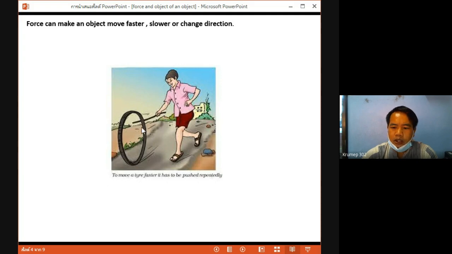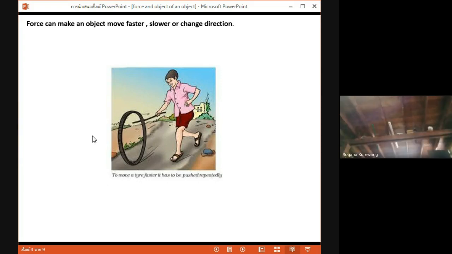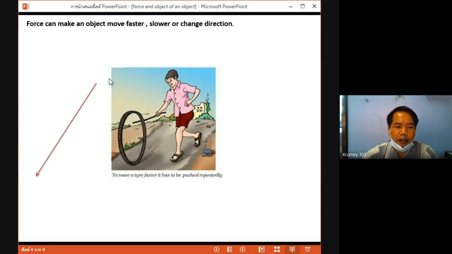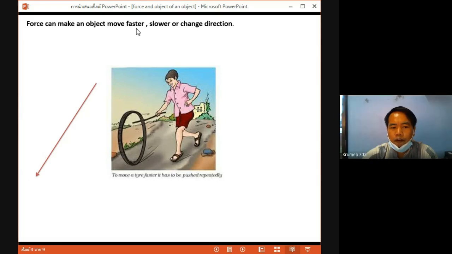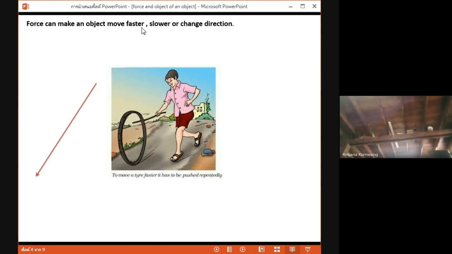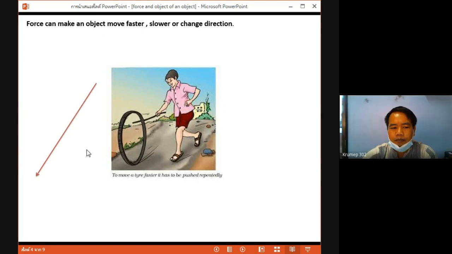So it is fast. If the direction of the ring object is going down, the object will move faster. Understand? Okay, very good.